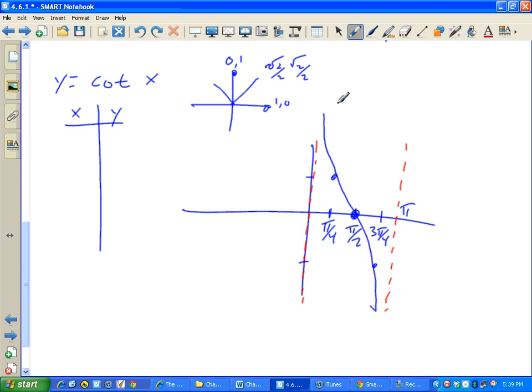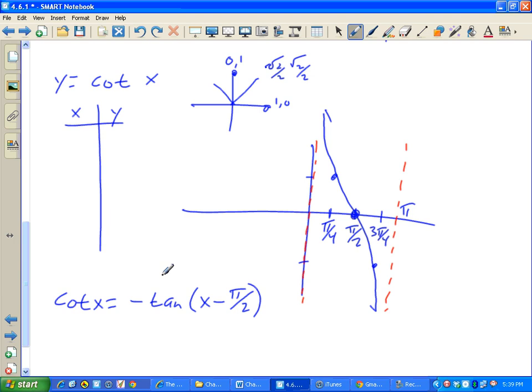In fact, we could write this as a transformed tangent function. So the cotangent of x really equals, let's see, we need to flip our tangent function, and we need to shift it to the right, which means subtract pi over 2. So these are the same thing.